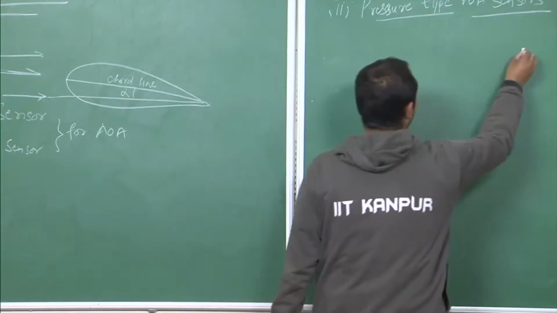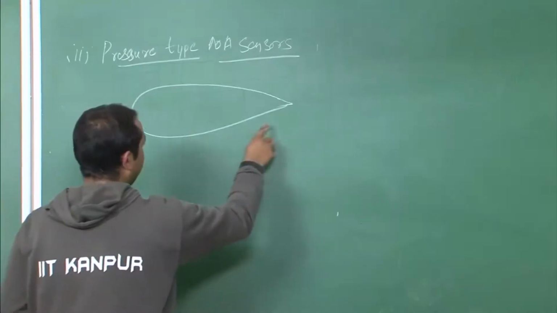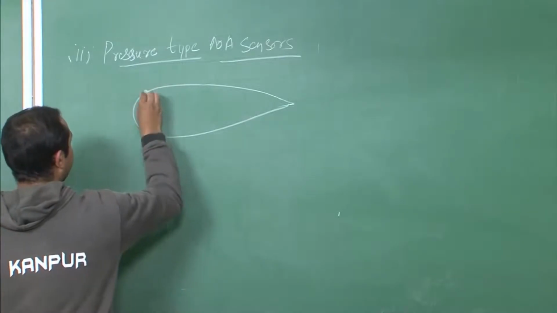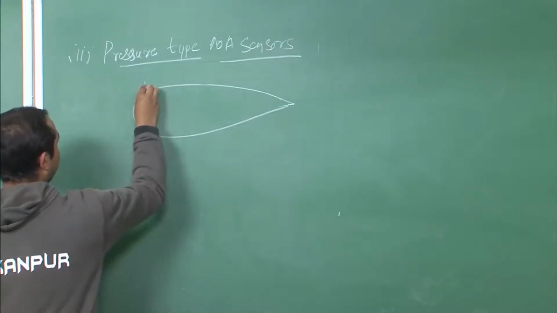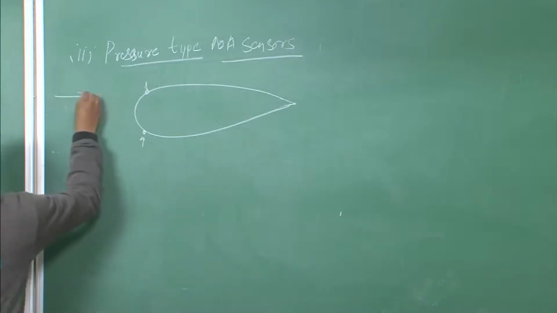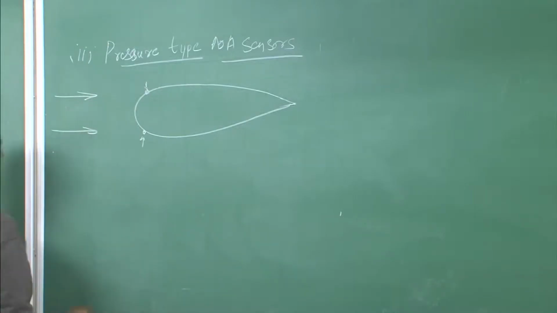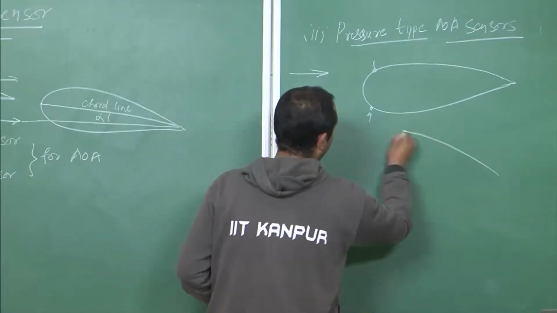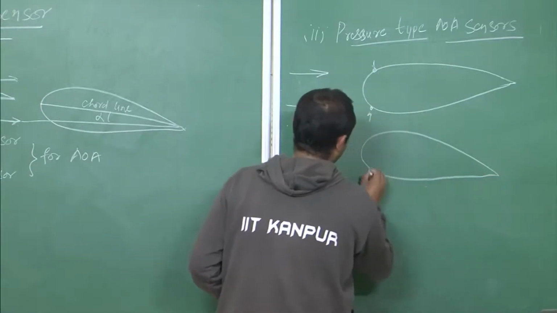Now as air flows, as your angle of attack increases, it will create a pressure difference. This is your chord line. Here suppose the angle of attack is 0, here some positive value.